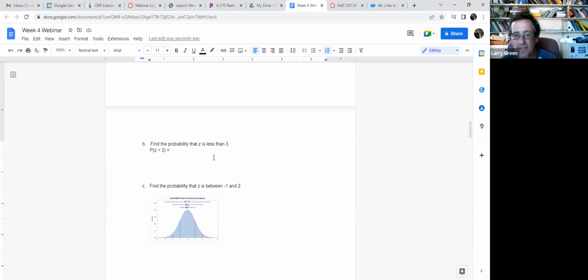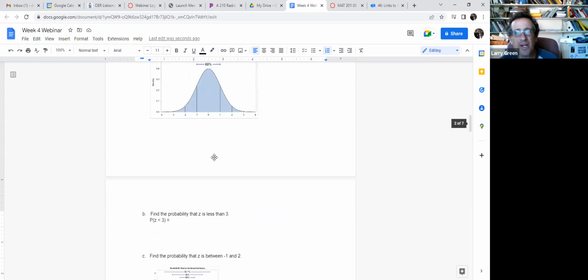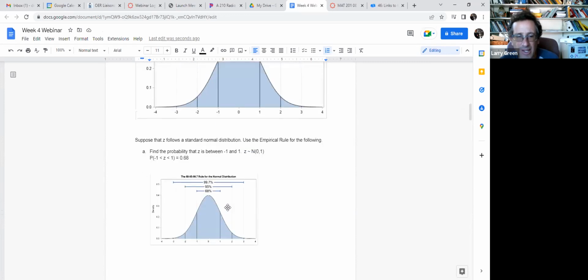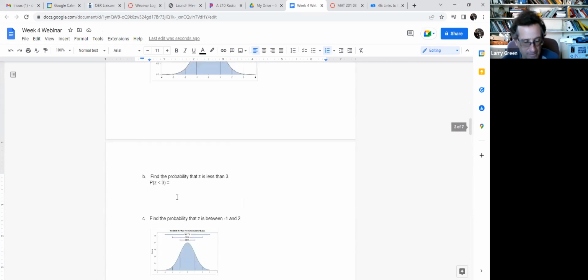The symbols are P(z < 3) =. Then what I'm going to do is take what I know between -3 and 3: the probability that -3 < z < 3.